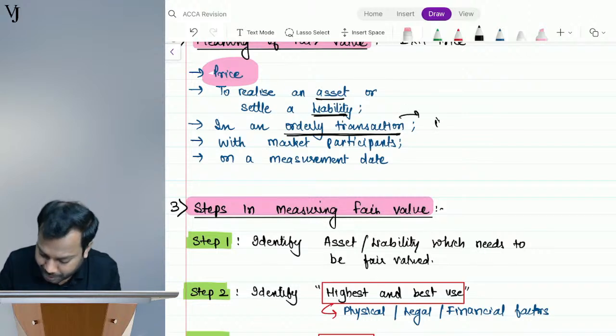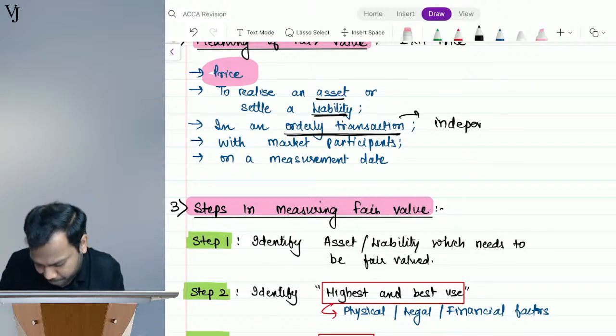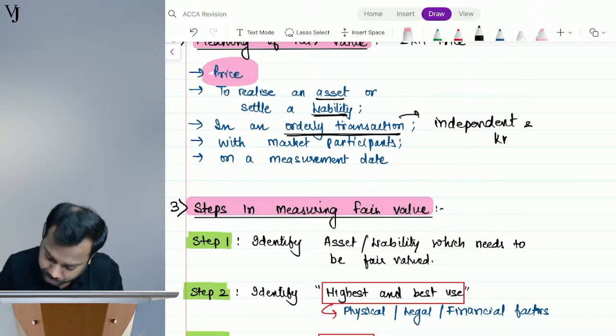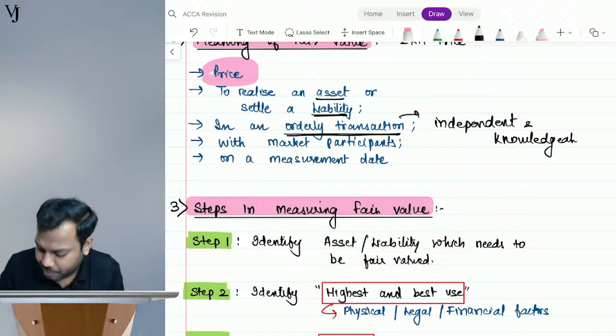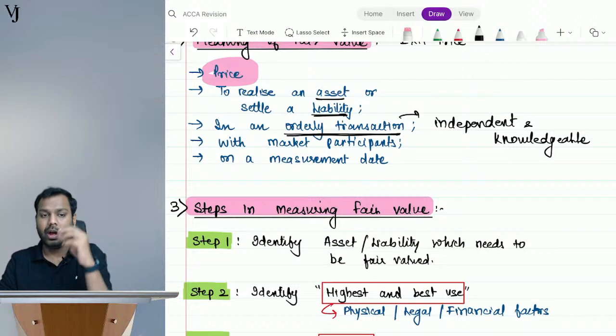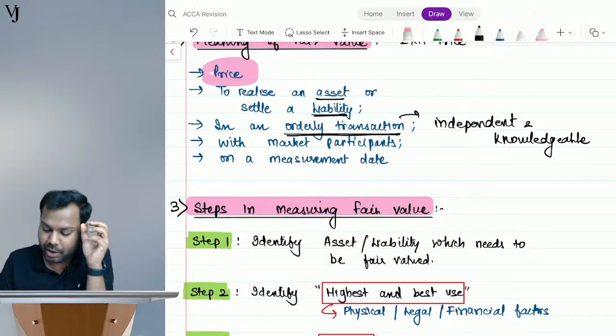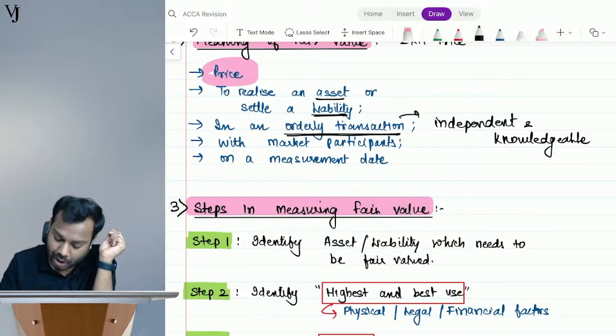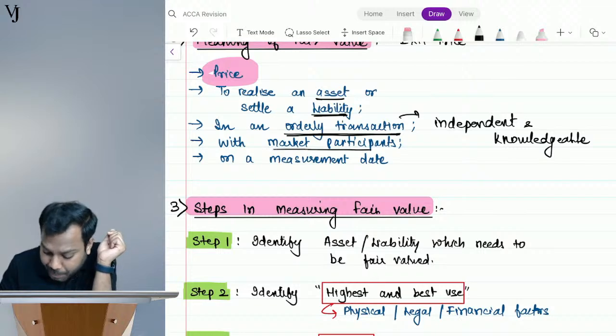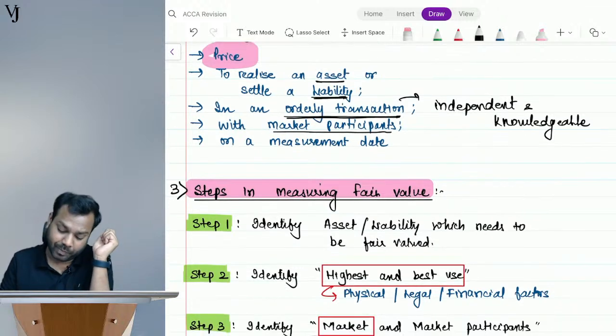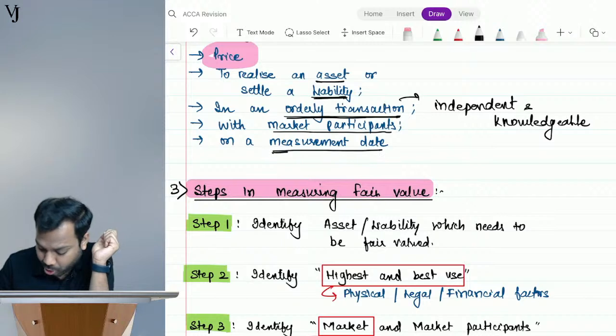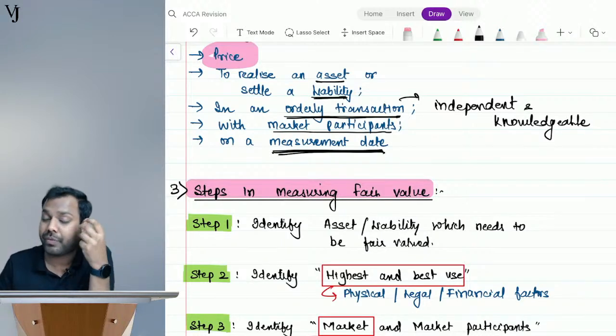Two independent and knowledgeable parties, orderly transaction with market participants on a measurement date, on the date when we have to measure the fair value.